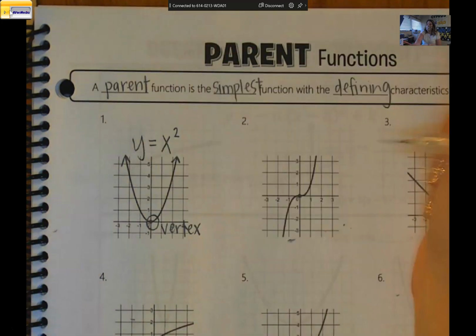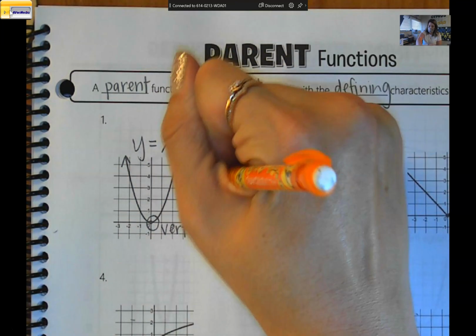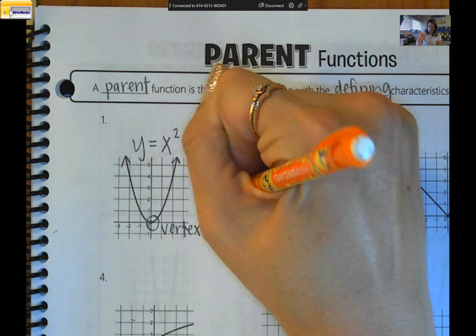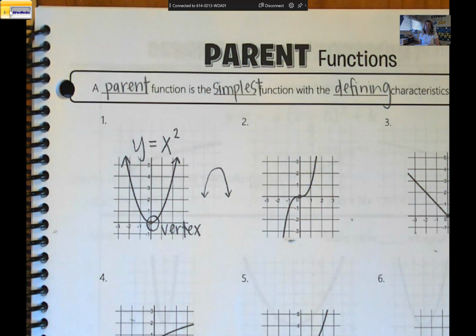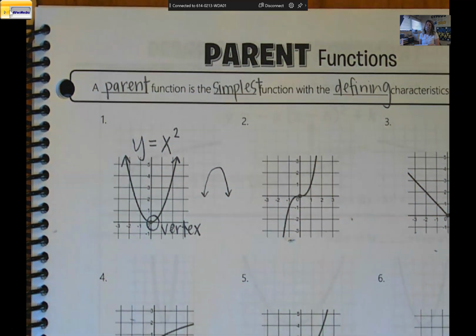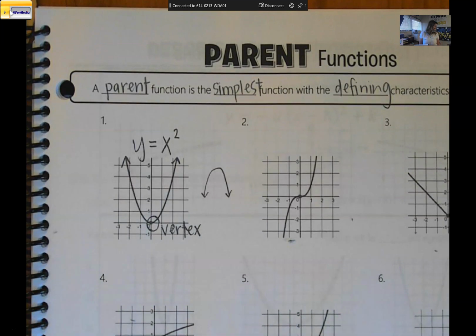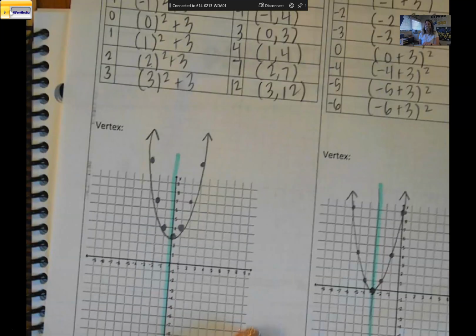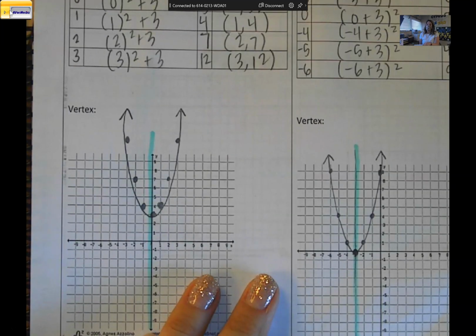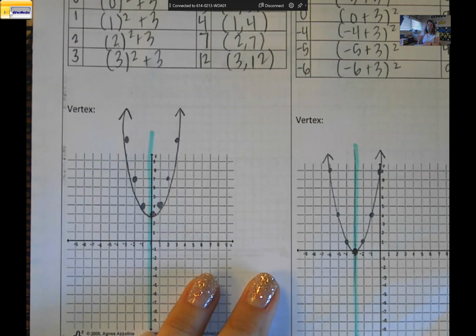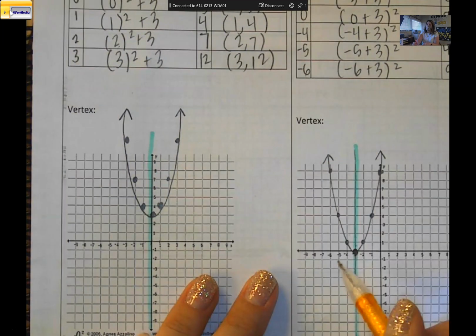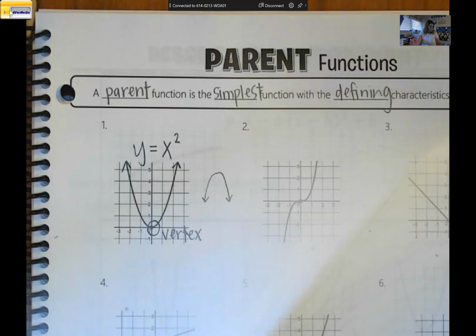Parabolas either look like a U or they can look like a frowny. They can also be upside down. So this is the parent function. This is the simplest parabola that there is. And then these parabolas that we graphed are parabolas that are in the family. So this parabola has been moved up and this parabola has been moved over.